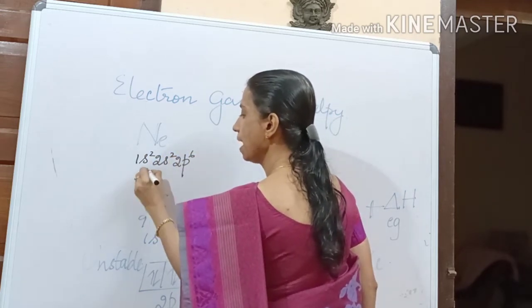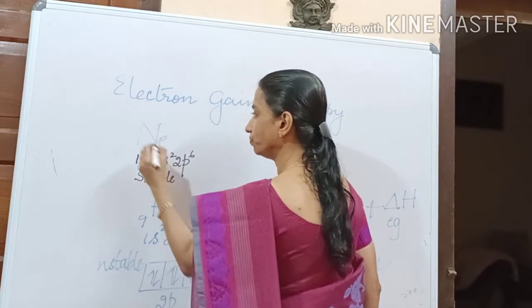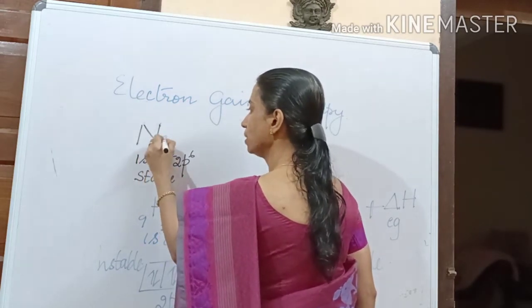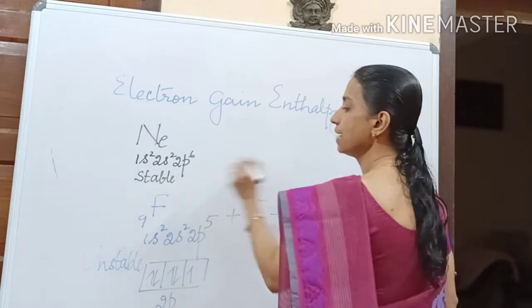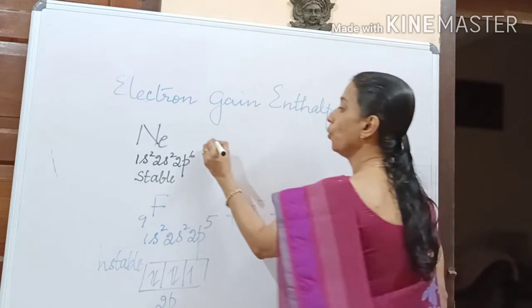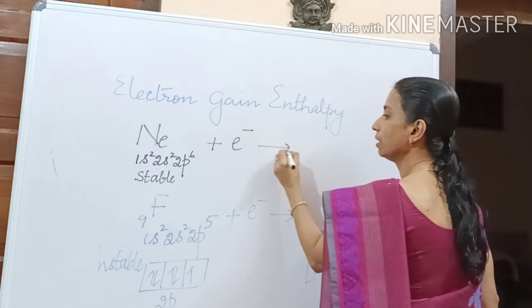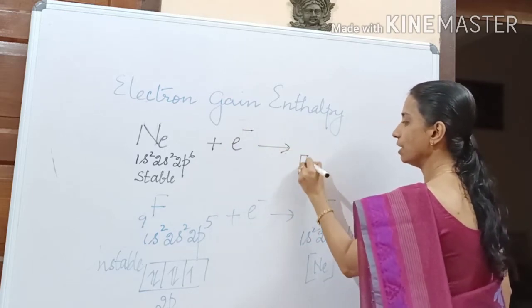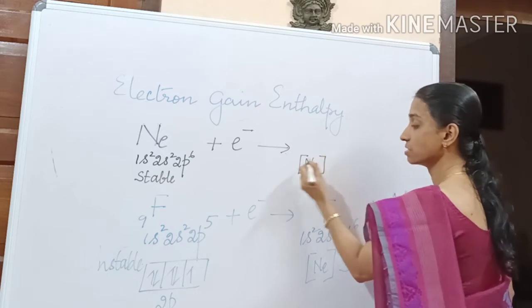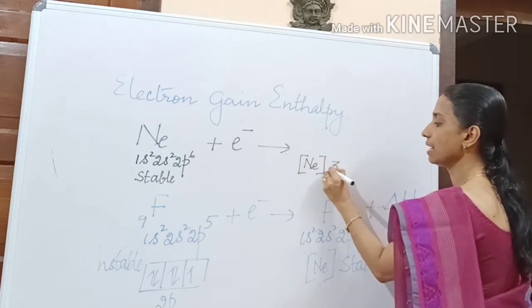This is already a stable configuration. When it adds an electron, it will become neon configuration and the next orbital will be 3s1.